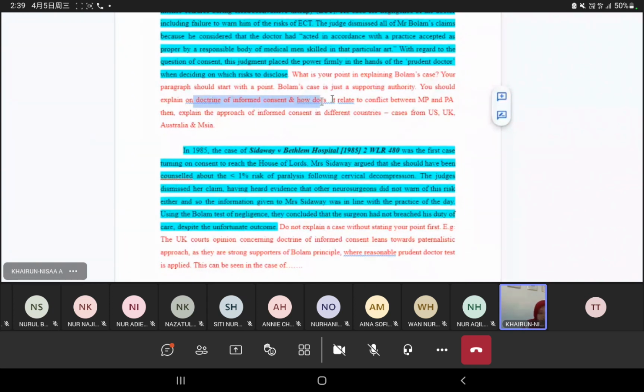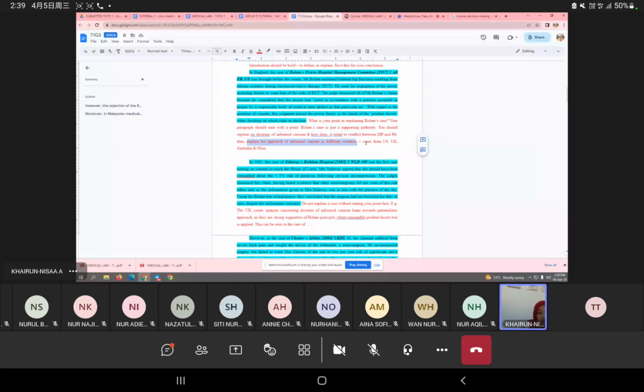So you explain a bit about the doctrine and illustrate it with cases, then you explain the approach of informed consent in different countries, including US, UK, Australia, and Malaysia, and you give the cases. Then only will you get full marks.